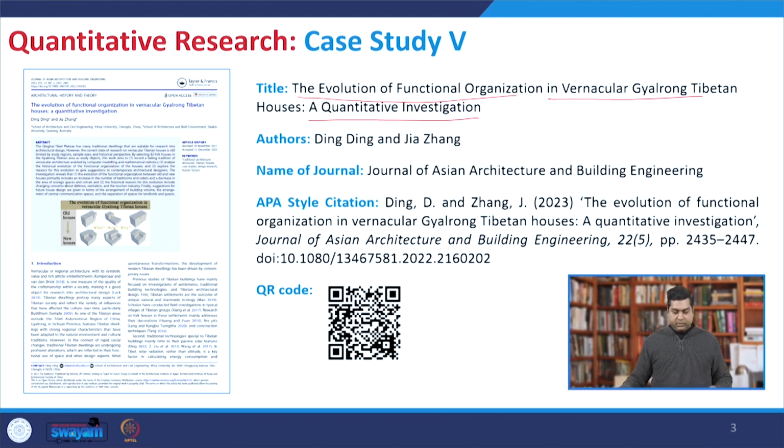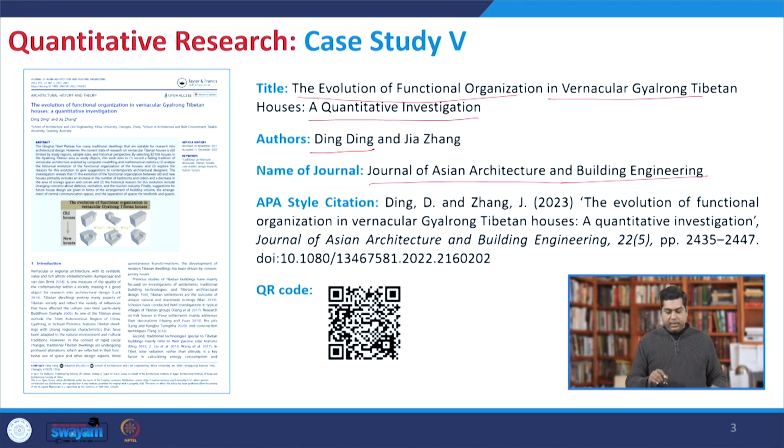The authors of this paper are Ding Ding and Jia Zhang. The journal where they have published it is the Journal of Asian Architecture and Building Engineering, which is also a very good journal in the domain of architecture, published by Taylor and Francis Group.